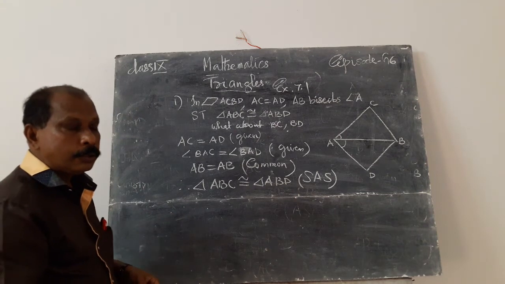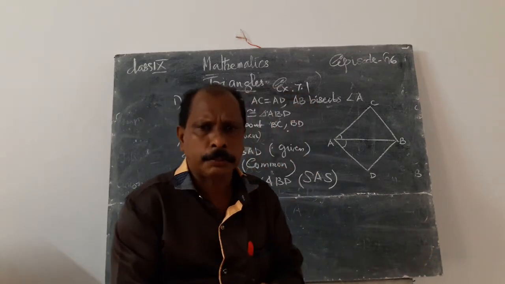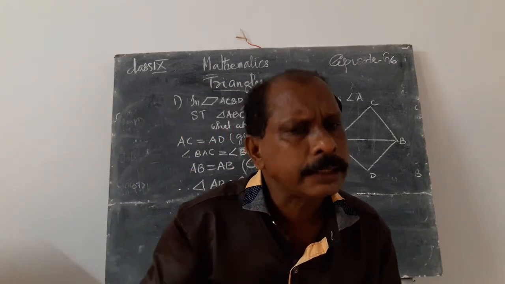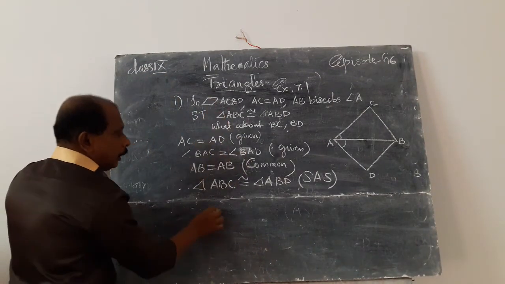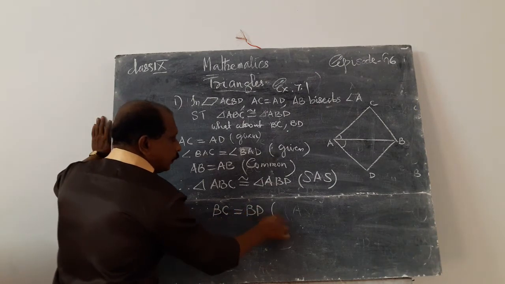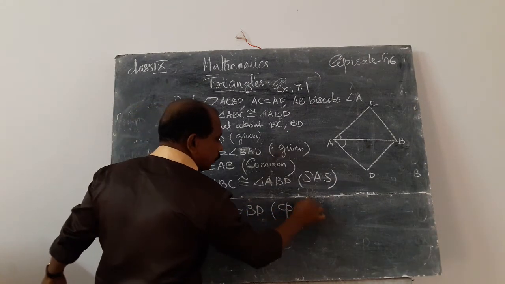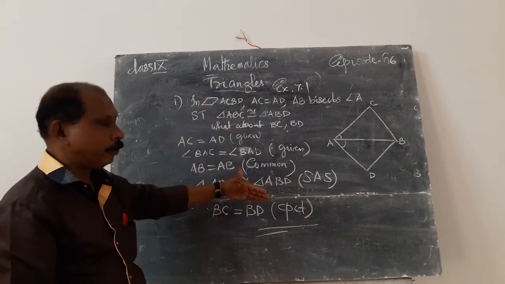Since the two triangles are congruent, their corresponding angles and corresponding sides are equal. Therefore, BC is equal to BD, by CPCT, corresponding parts of congruent triangles. This is the proof of this problem.